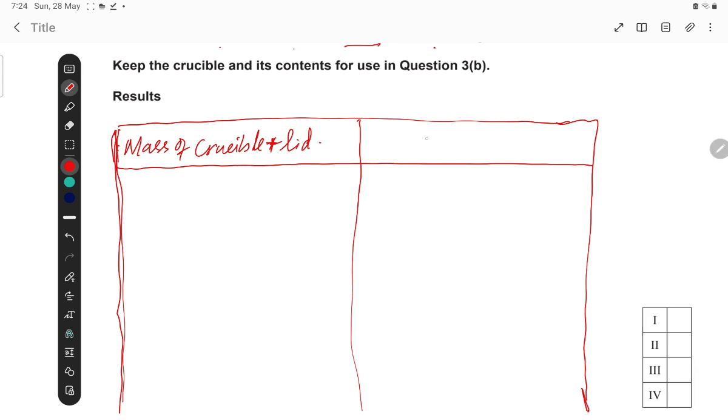Write down the reading, just suppose the reading is 19.15, and write down the unit as well, and write down the mass to 2 decimal places.